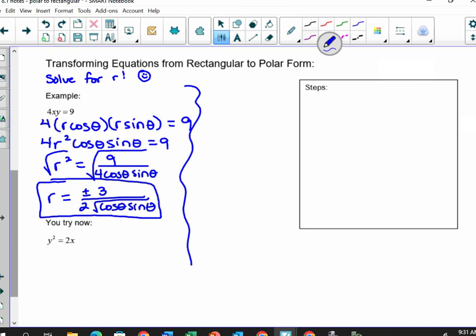Let me show you another way we could have looked at this. From this step of 4r squared cosine theta sine theta equals 9, this could have been rewritten as 2r squared times 2 cosine theta sine theta equals 9.